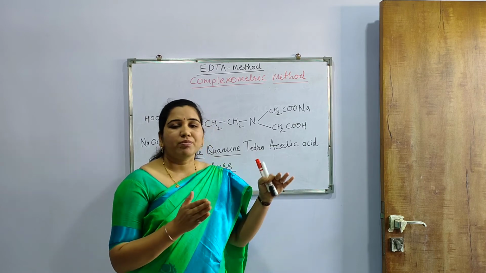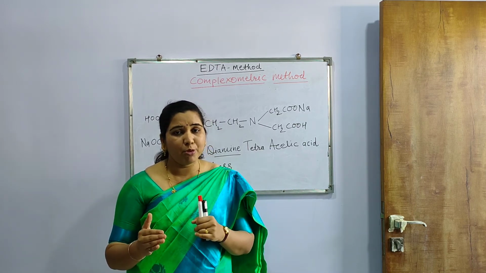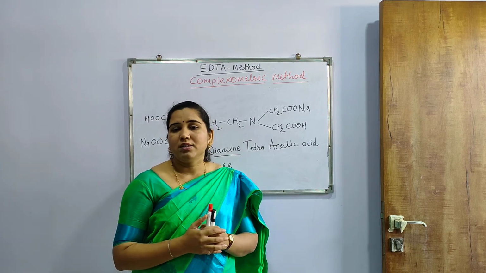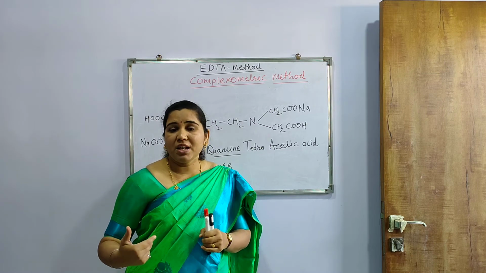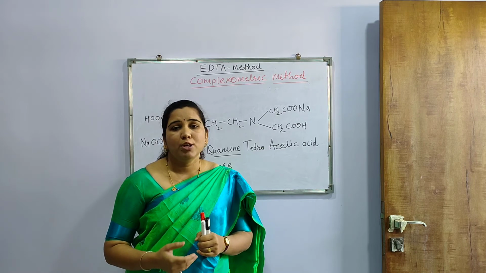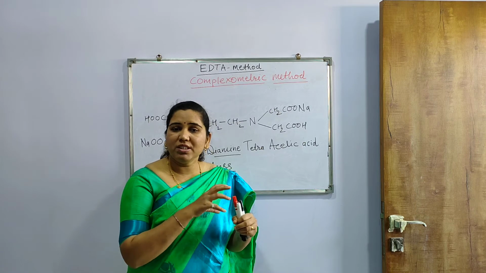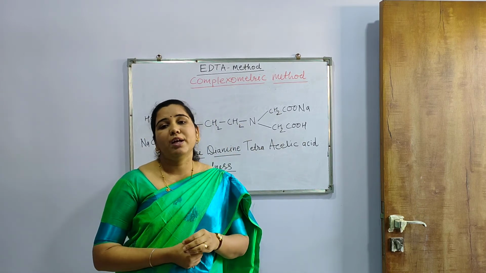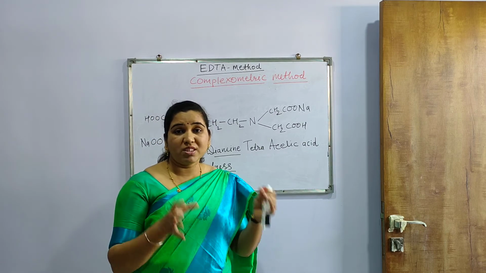For example, calcium chloride, calcium sulfate, calcium carbonate, calcium bicarbonate all have the calcium positive ion, Ca2+. So this is a metal ion. Like that, magnesium, Mg2+, and ferrous, Fe2+. These are all the metal ions. Whenever they come in contact with the disodium salt of EDTA, it forms a complex, and that complex is very stable.